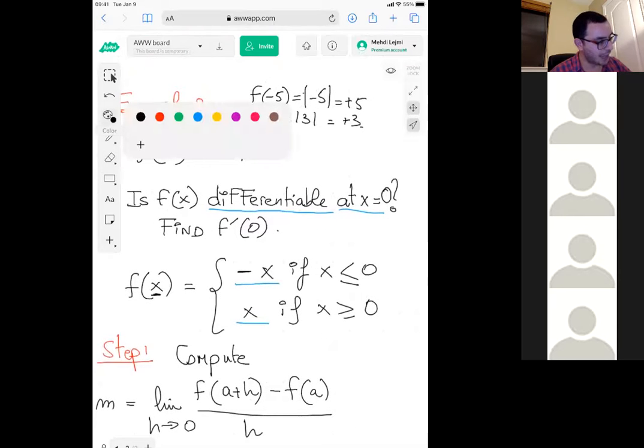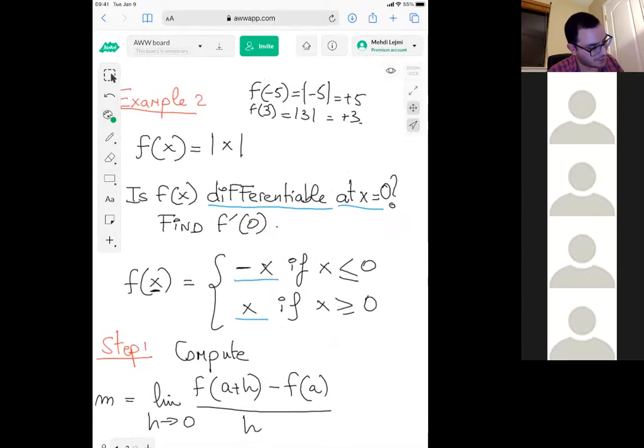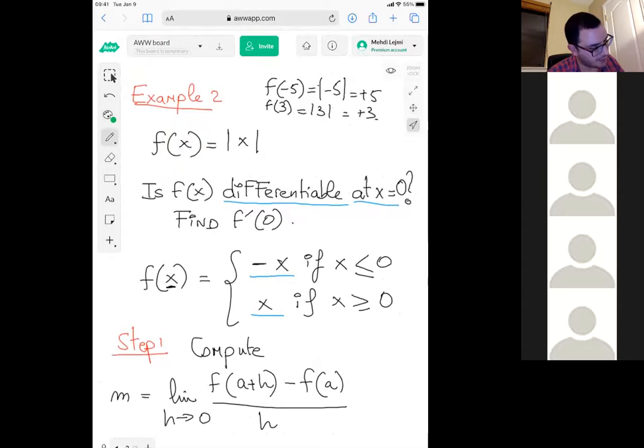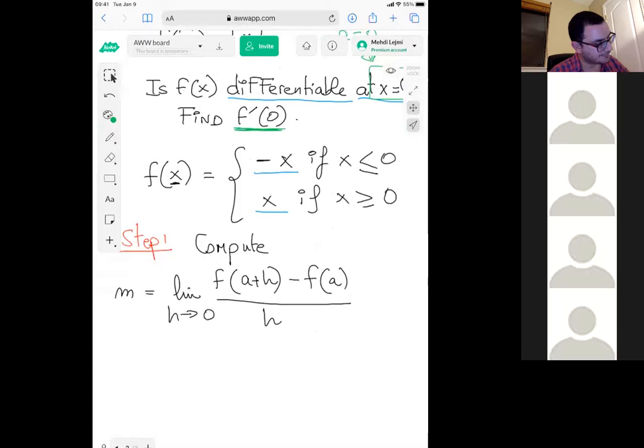So my a would be 0. You see here f prime of 0, so my a is 0.